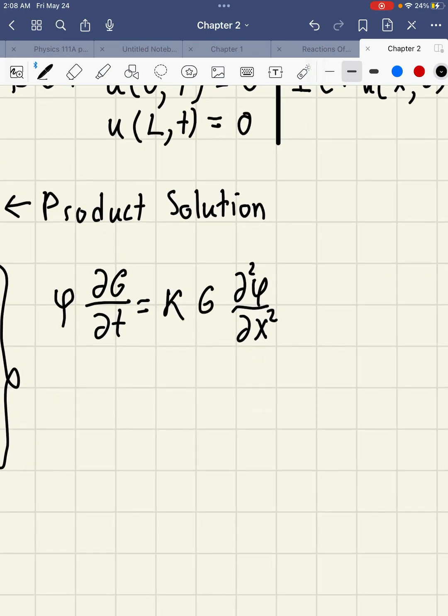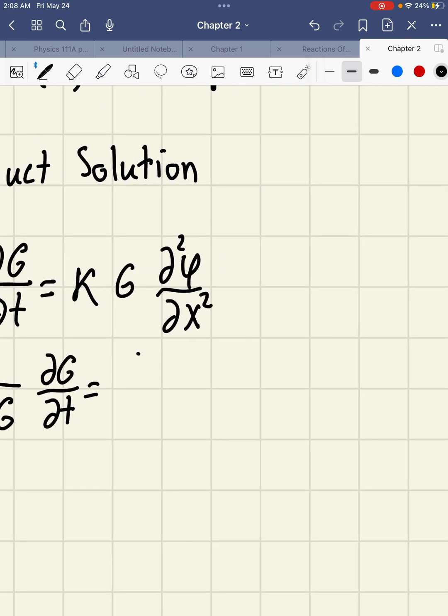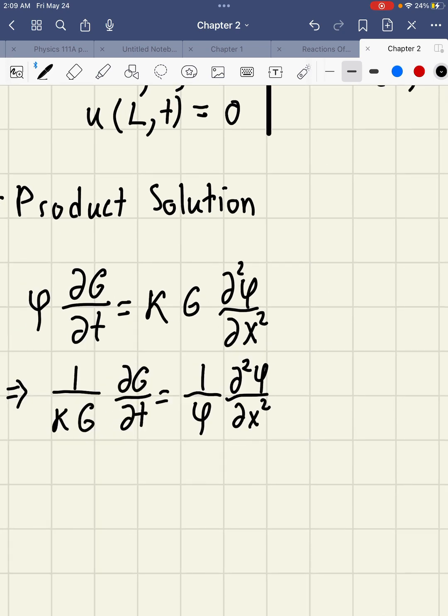So my corresponding PDE becomes 1 over k g, partial g partial t, that's equal to 1 over phi, second derivative of phi. You don't have to take the k to the other side. At the end you're going to end up with the same solution. I just did this because it's easier to multiply on both sides, so I prefer to do it this way.